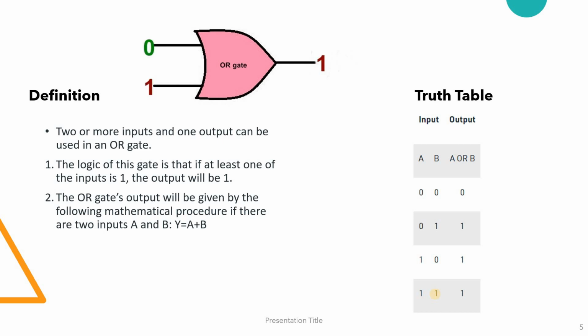The computer cannot understand normal English, Sinhala or Tamil language, so we need to communicate with the computer through the binary language. So I put those values in the input. After using the OR gate, we can get those as the output.